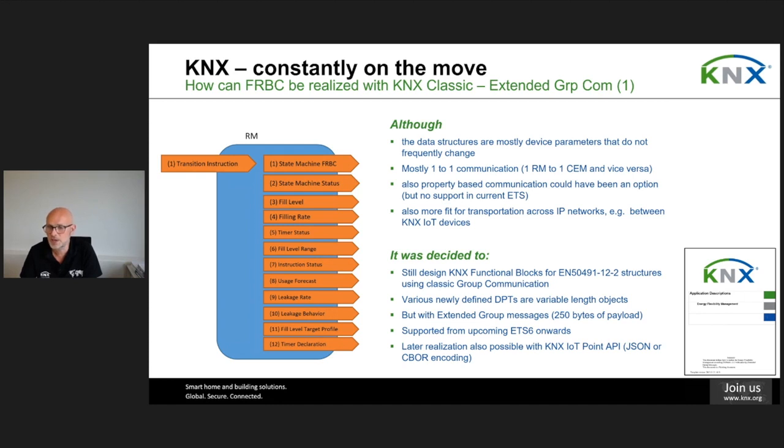These extended group messages, up to 250 bytes of payload, will be supported in ETS 6. And of course, as soon as the Point API becomes available, these structures, and more elaborate structures, could also be sent via the Point API with JSON or CBOR encoding.